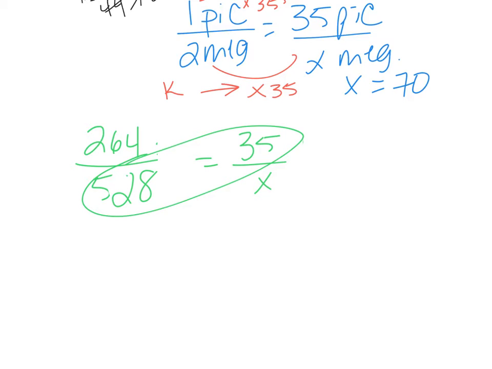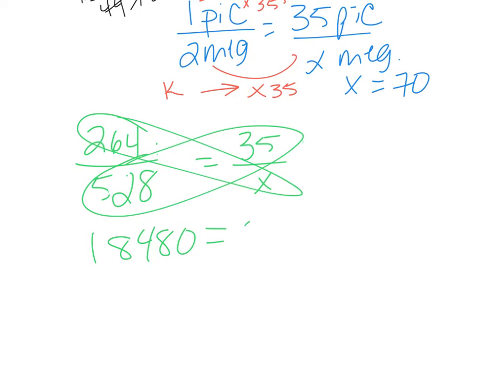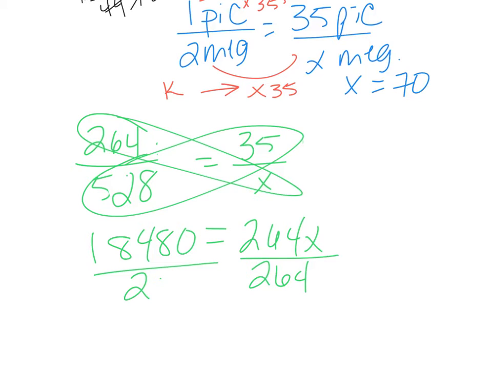So 528 times 35 is, I need my calculator. 528 times 35 is 18,480 equals this cross product, 264x. I get rid of the coefficient by division since that undoes that multiplication. 264 divided by 264 is 1x.